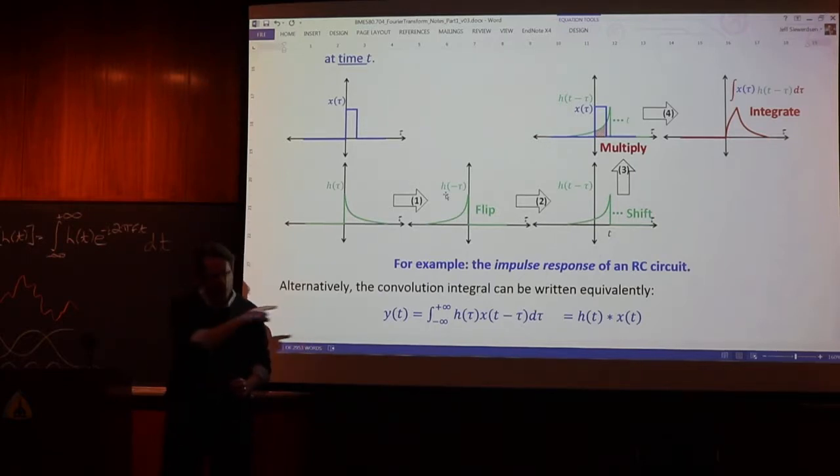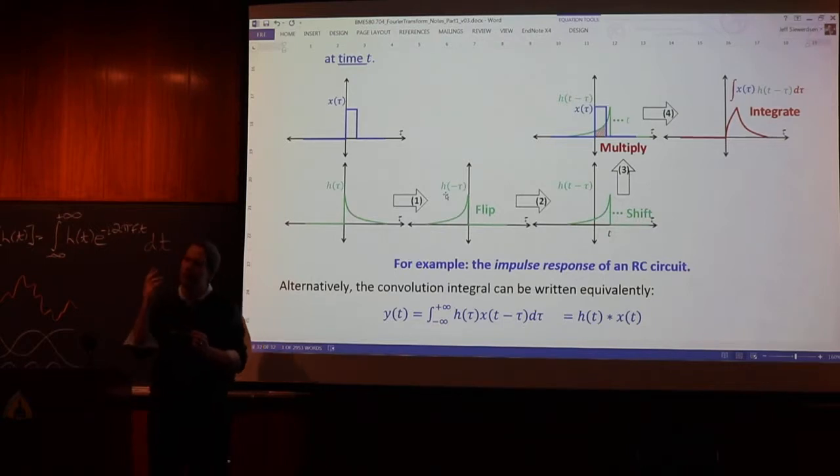Can you picture it? What does it look like? Maybe a triangle. It's a triangle, right? Yeah, so now you can do a convolution in your head, right?